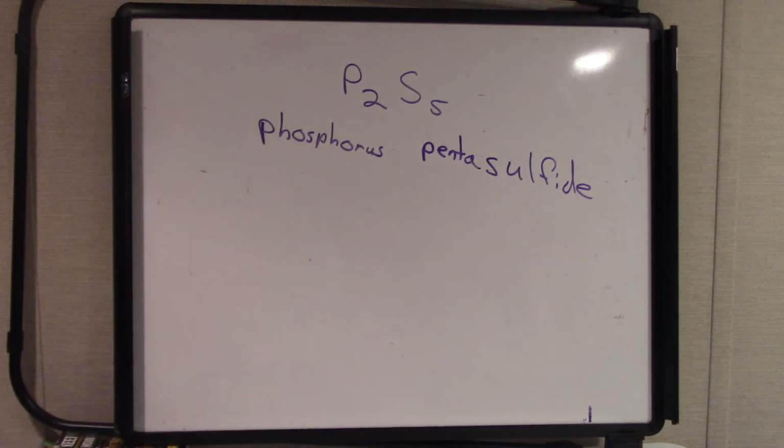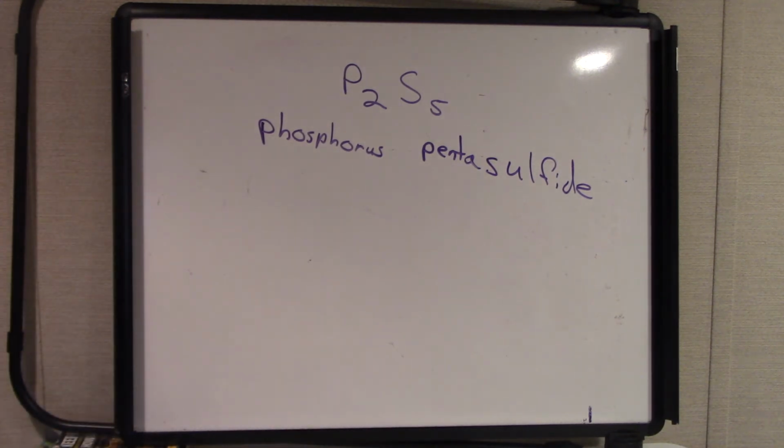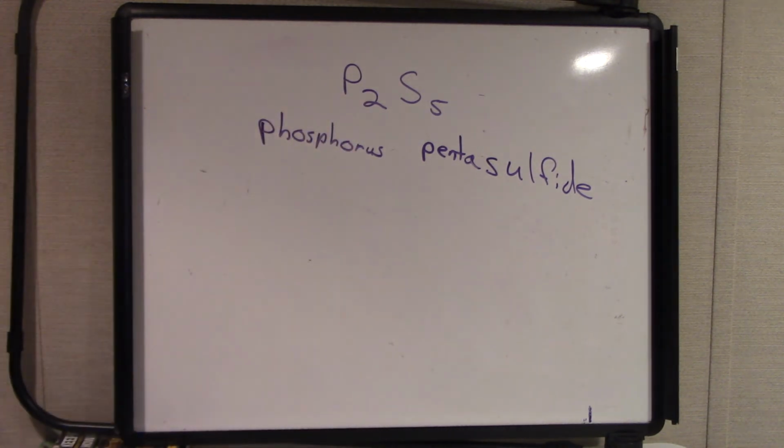Now, the last step, remember this is a sometimes step. It says if there is more than one of the first element. Remember in the previous examples with carbon monoxide and carbon dioxide, I only had one of the first element. Here, I have 2 of this first element. That's more than 1, so I have to use a prefix.